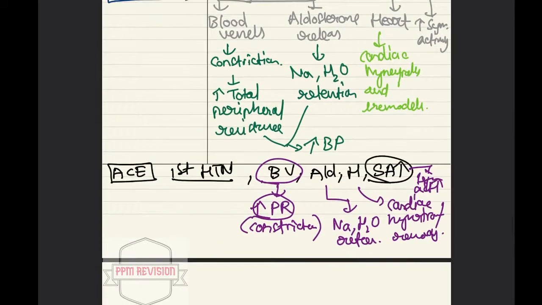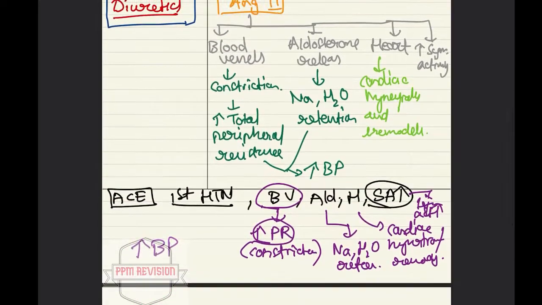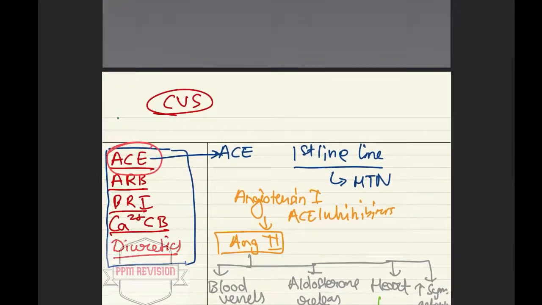Now, as a whole, you can relate it to increase in blood pressure. So these are the main actions of angiotensin 2. But in the presence of ACE inhibitors, the angiotensin 1 is unable to form angiotensin 2. Okay. So this is what we have seen totally in this page.